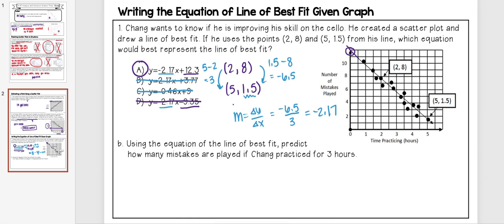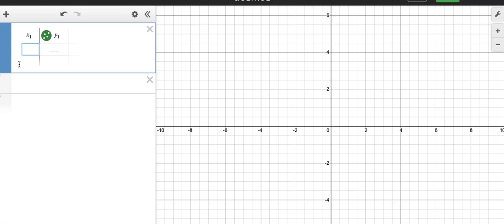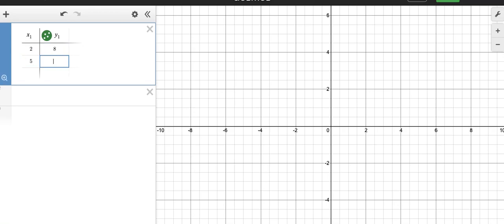Another way is you can go ahead and use Desmos. I have 2 points that are given to me here. If I go over to Desmos and create a table, I can put those points in: (2, 8) and (5, 1.5). Then I can find my line of best fit.